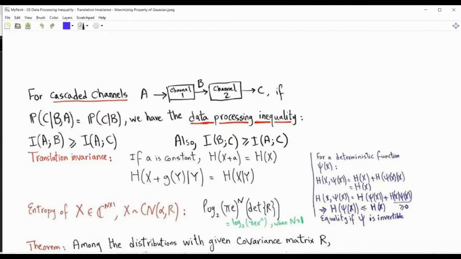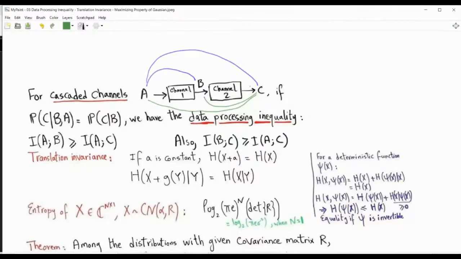It tells you that the mutual information between A and B is greater than or equal to the mutual information between A and C, and the mutual information between B and C is greater than or equal to the mutual information between A and C. The moral of the story is that you get degraded information if you go through a cascade of channels. Each channel causes its own troubles.